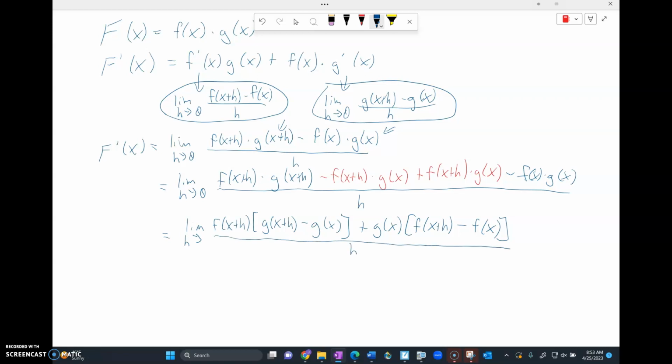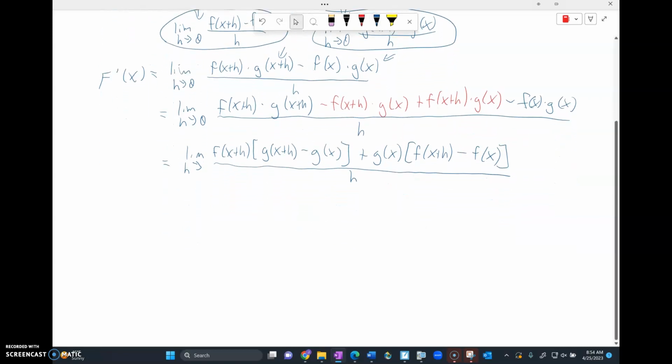Right? And so now as I take a look at this, remember you can split things up in terms of limits. So I want it to look like what I have up here at the top. So if I rearrange a couple of things here, this is the same thing as the limit as h goes to 0 of f of x plus h. Right? I can leave it like that.